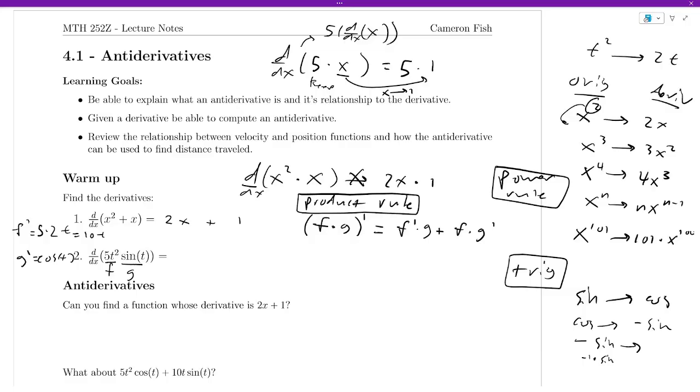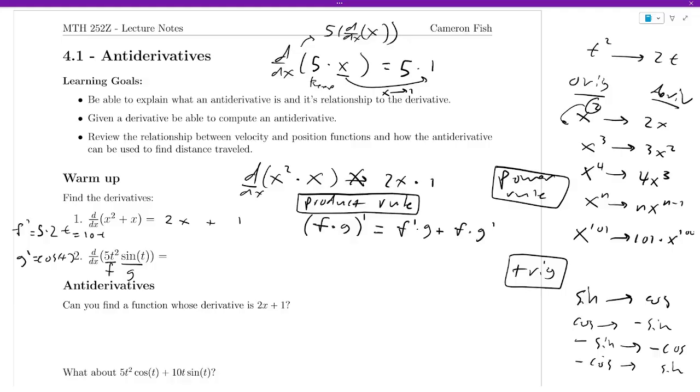So negative sine goes to negative 1 times whatever sine goes to. Sine, we already know, goes to cosine from this first line. So it'll be negative 1 times cosine, otherwise known as negative cosine. I'll write the last one just for completeness. Negative cosine goes to negative sine.